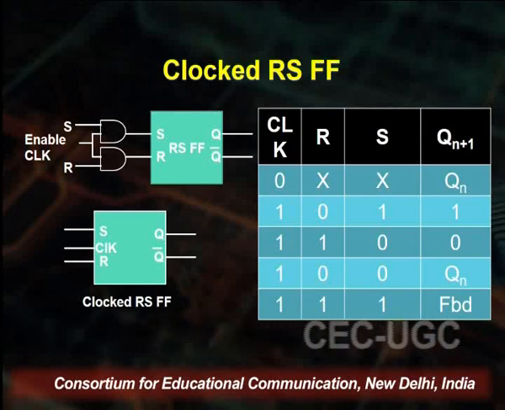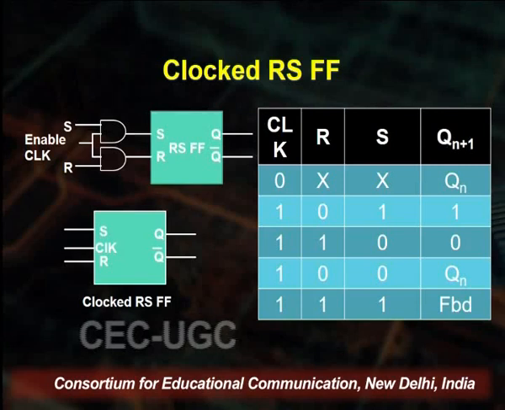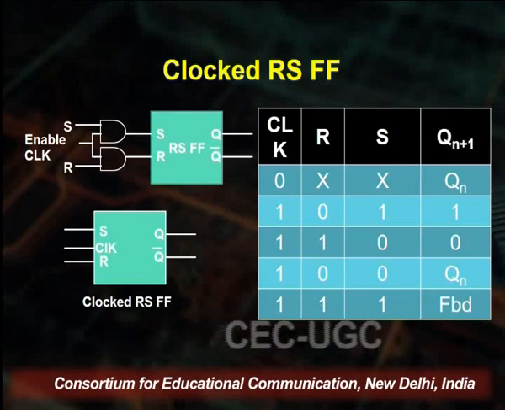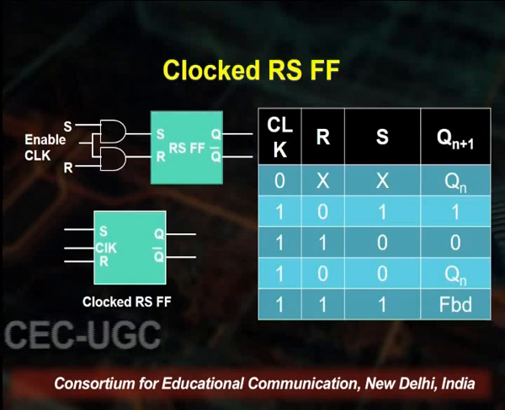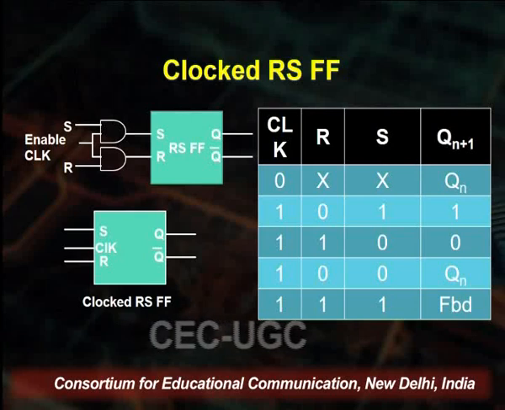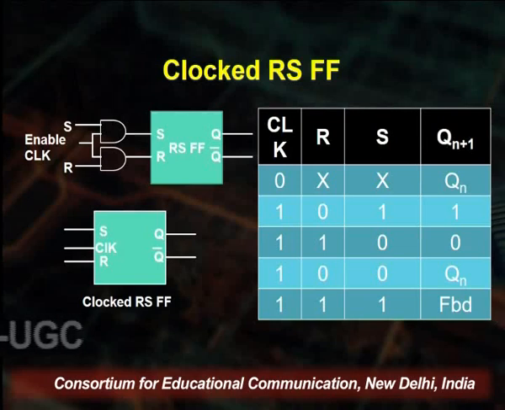Hence, the symbol of this clocked RS flip-flop is shown over here. Now this clock is also known as the trigger. This clock triggering of the flip-flop can be of two types. One could be the level triggering, and in order to make the flip-flop work faster, we also sometimes prefer the edge triggering.